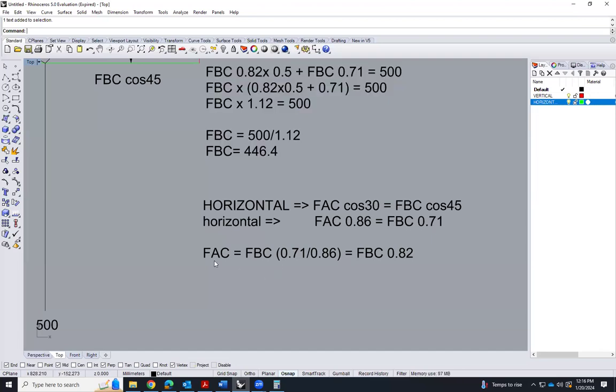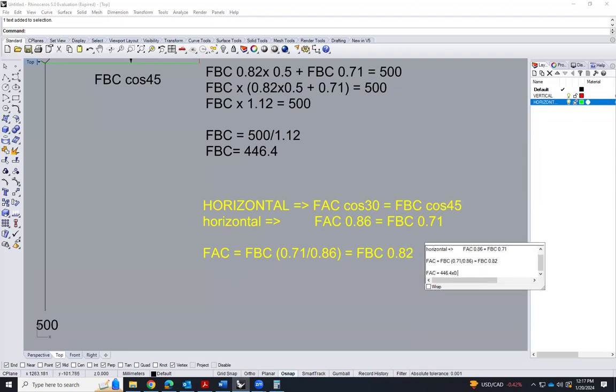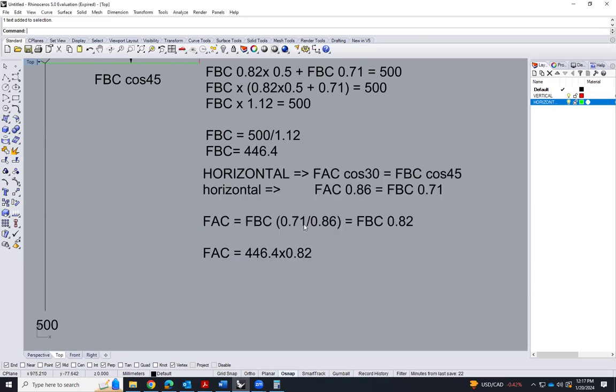And now I have to calculate FAC. So FAC, we know that it's FBC times that. We have calculated that before. So now FAC will be 446.4 times 0.82. Okay, so FBC is 446.4, and FAC is FBC times this.